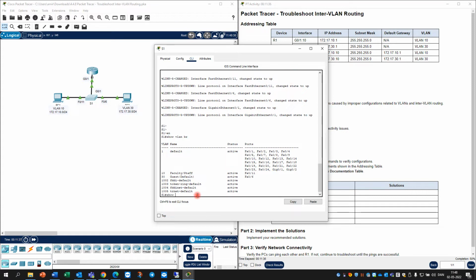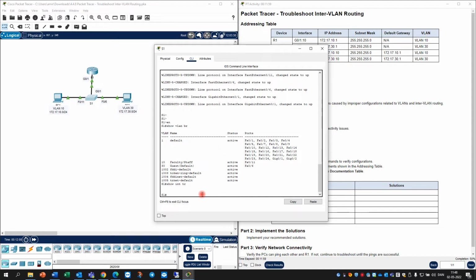And we should find out what the trunking mode is, because G0/1 is by default assigned to VLAN 1, and it's not correct because it should be in trunking mode. If you write show interface trunk, you can see we don't have any trunk here, but between the switch and router this port should always be a member of a trunk.